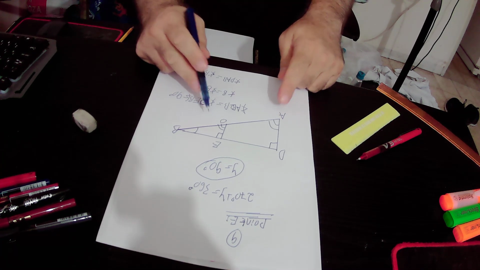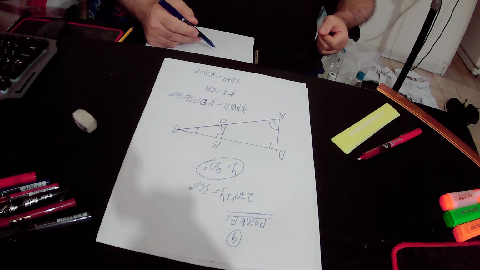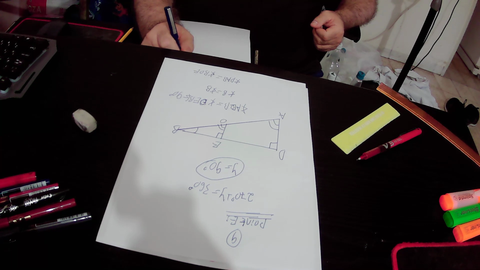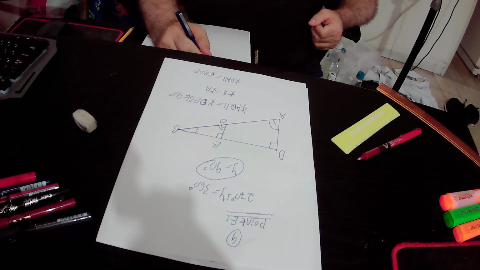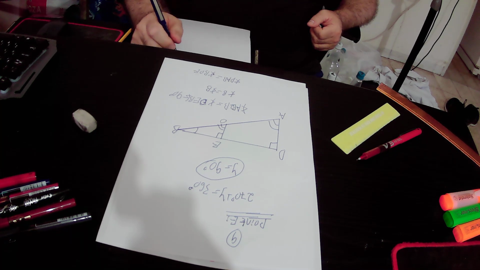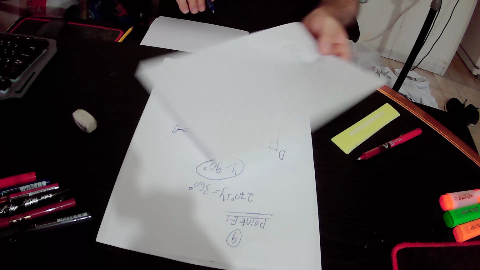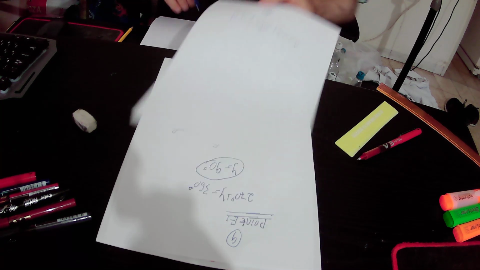Those two angles are equal to each other according to the third angle theorem, or third angle rule. Okay, so those two angles are equal to each other according to the third angle theorem.